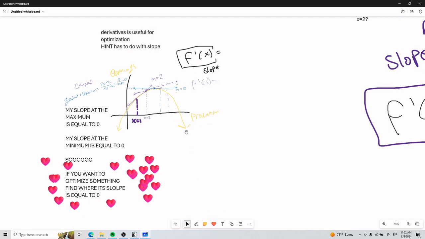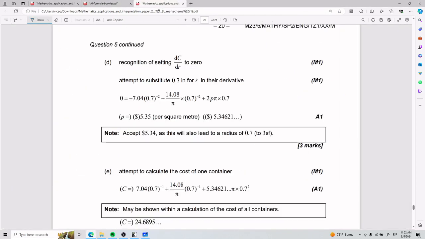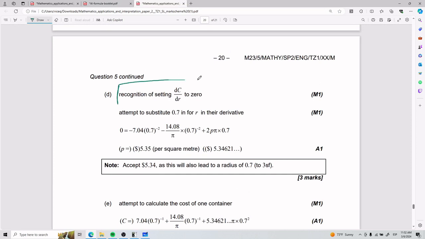Damn. So the first thing you gotta do over here is take dc divided by dr and equal it to 0. Guys, I'm not kidding, just by doing that, you get 1 point. You literally get 1 point.